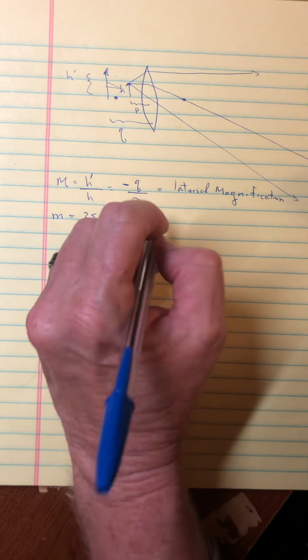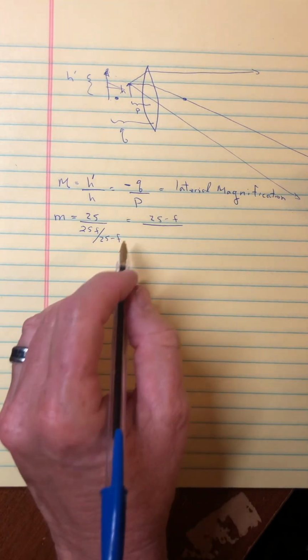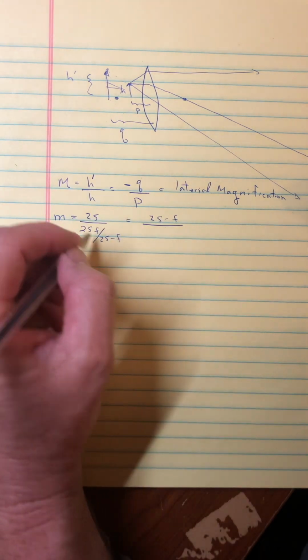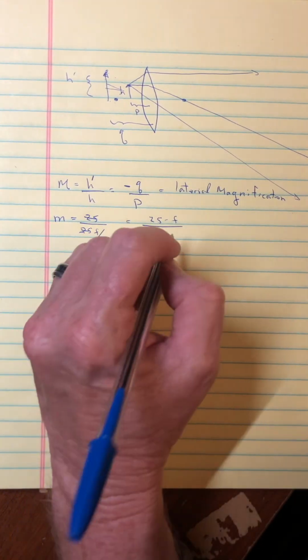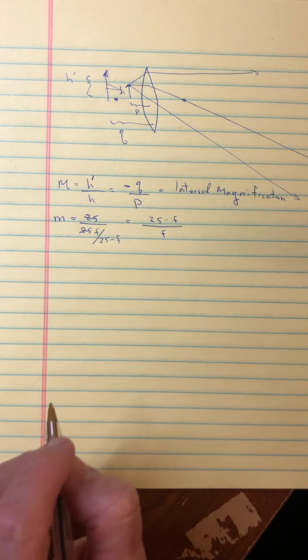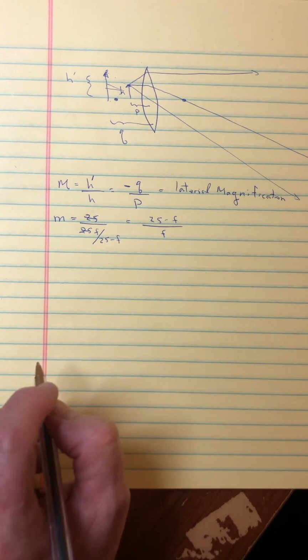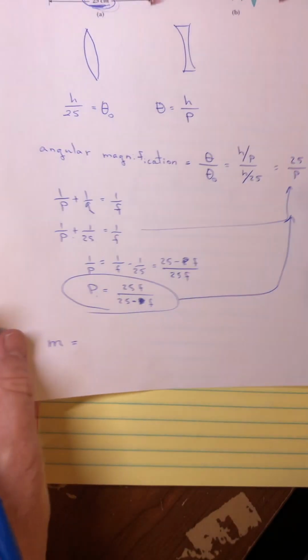which, when we simplify this, we get the 25 minus f on top. The two 25s cancel off, and I get an f down here. There should be a plus sign. Did I mess up?